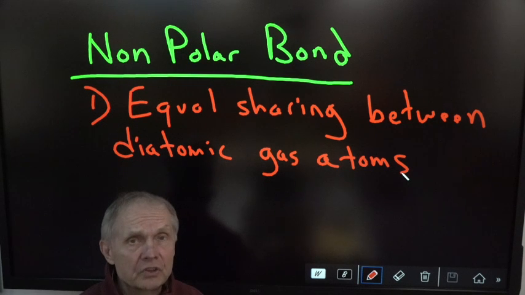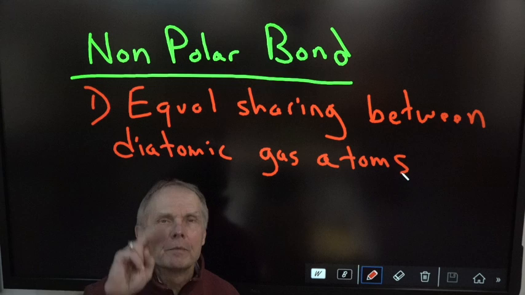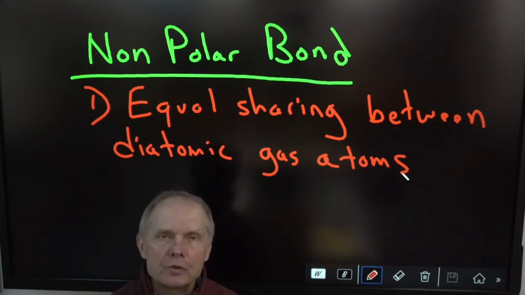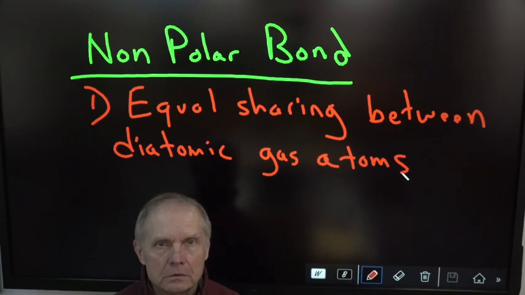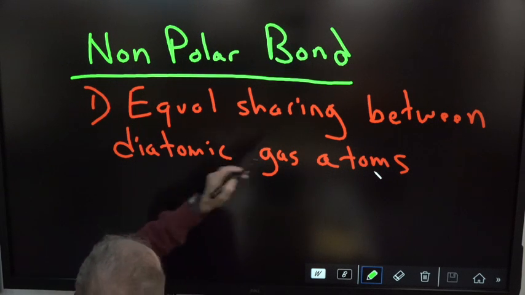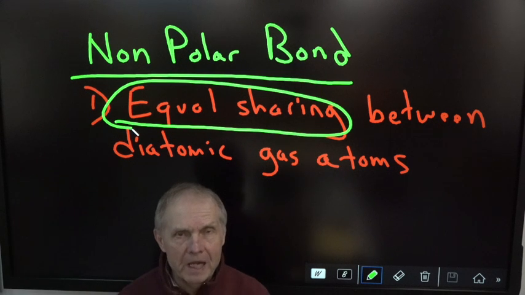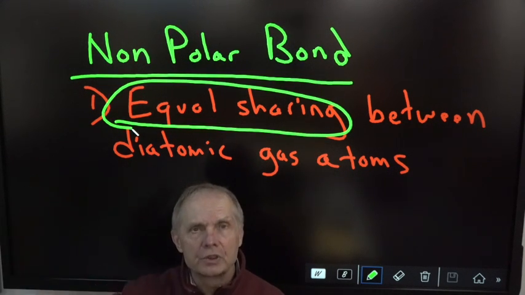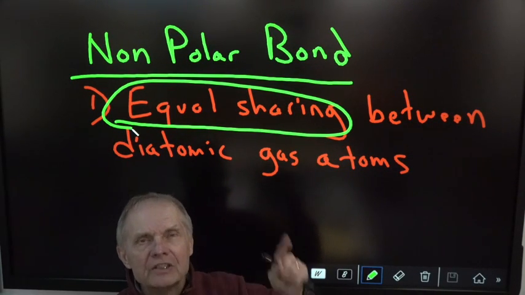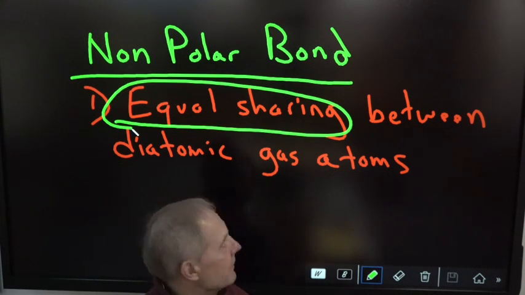Not between the molecules of diatomic gas, between the atoms that make up. We are inhaling 2 of the most important substances that have nonpolar bonds: O2 and N2. Okay? So, the biggie here is a nonpolar bond, equal sharing. So we have 2 types of bonds so far. Polar is unequal sharing between 2 different atoms. Nonpolar is equal sharing, and there's only 7 examples. And here are the 7 examples.